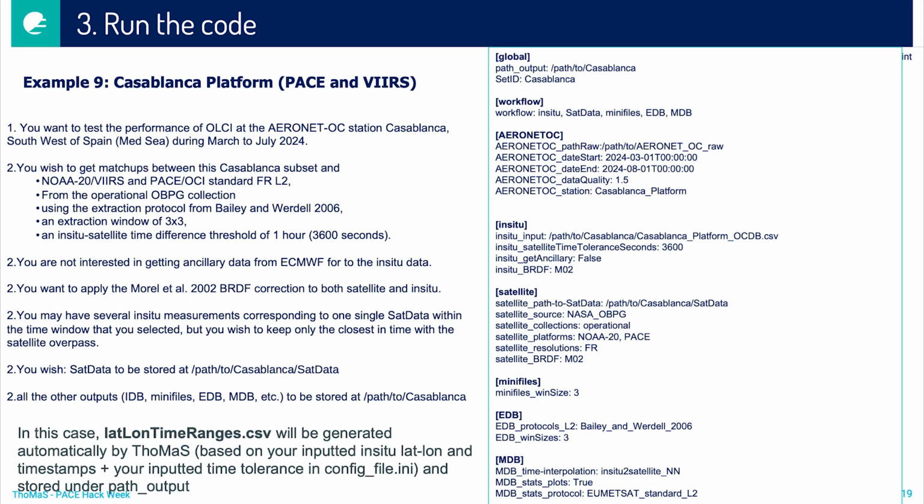And then I tested the workflow with NOAA VIIRS and PACE in the same time range, with the operational collection that is available there in OVPG, using the extraction protocol of Bailey and Wang with an extraction window of 3x3 and a maximum in situ satellite time difference of 1 hour.